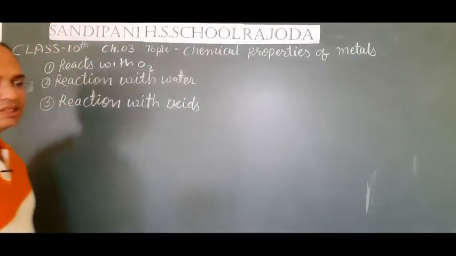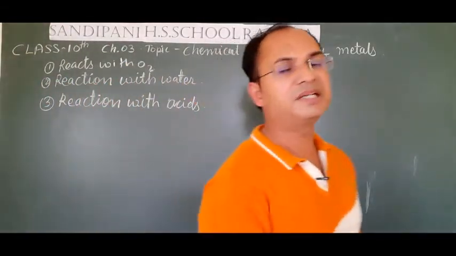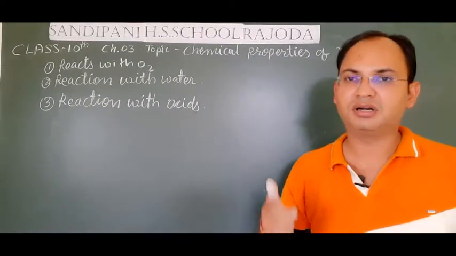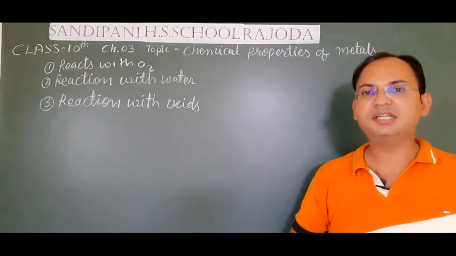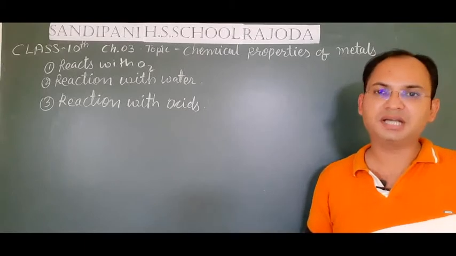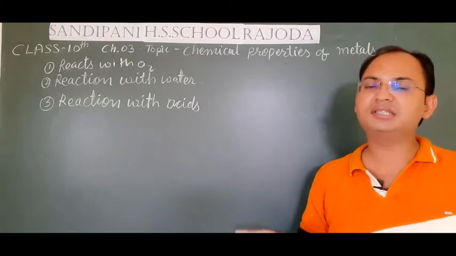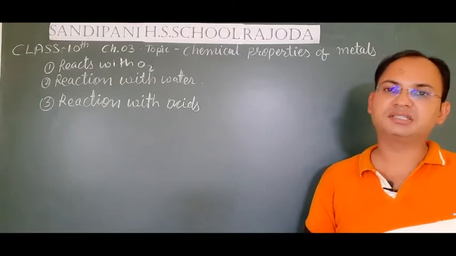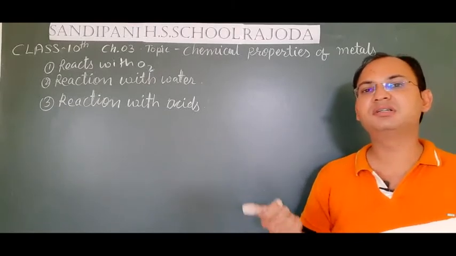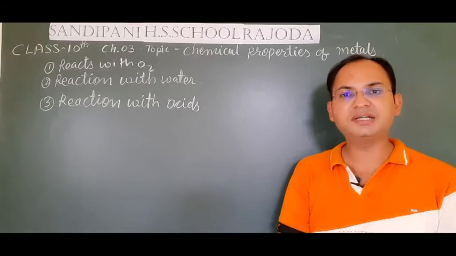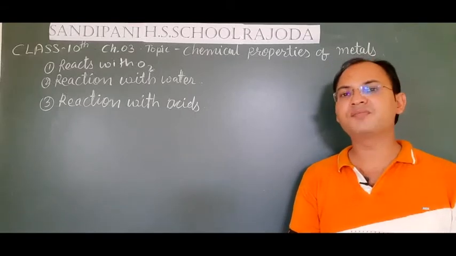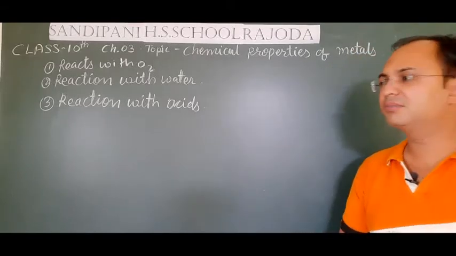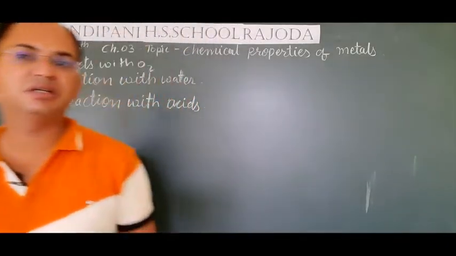So students, nearly all metals react with acid and they generally liberate the hydrogen gas. There is a case in which hydrogen gas does not liberate, but in most of the cases the metals react with different acids and they produce the hydrogen gas. Let's see some reactions of metals with acid.